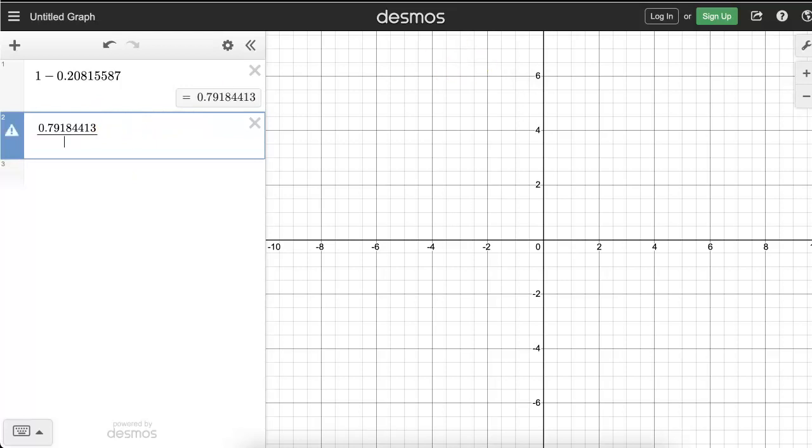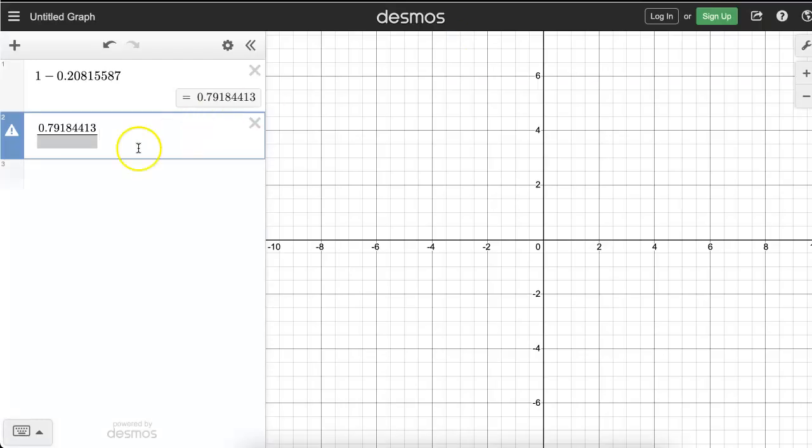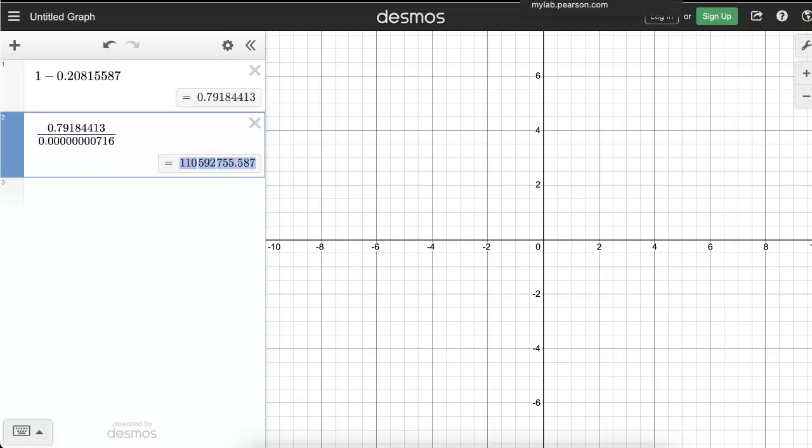All right. And then divide by the probability that's associated with the grand prize. So let me go back to the example. The probability that's associated with that is this number. I think that's 8 zeros after the decimal, if I counted correctly before. And here I have the payout that the grand prize needs to be in order to get a profit from the lottery.